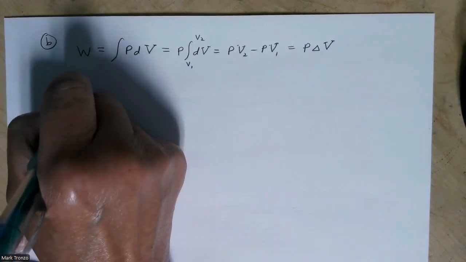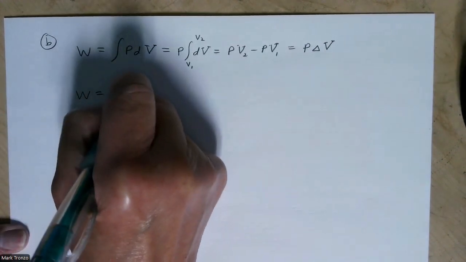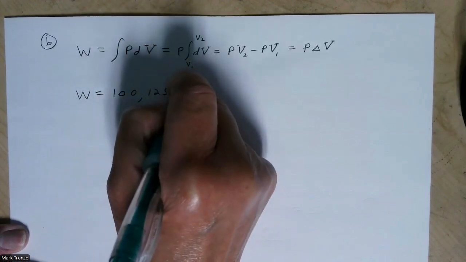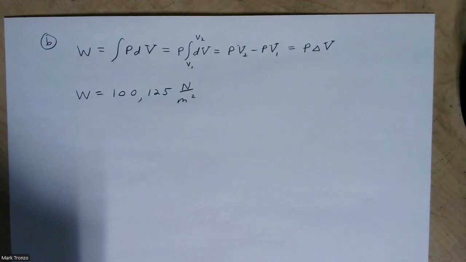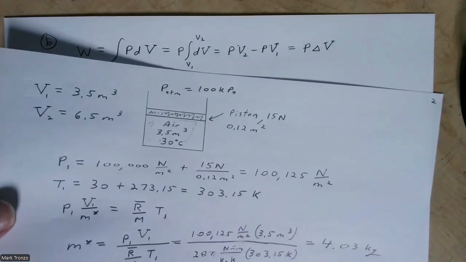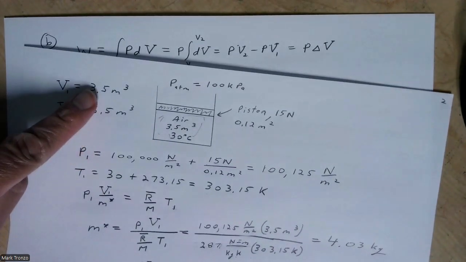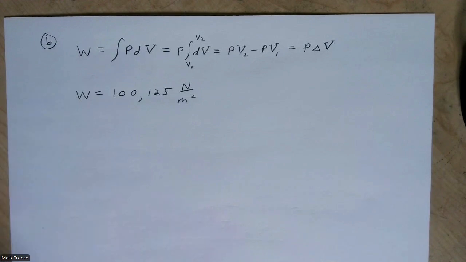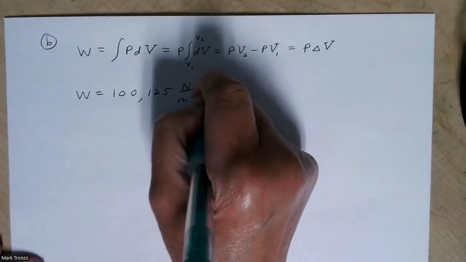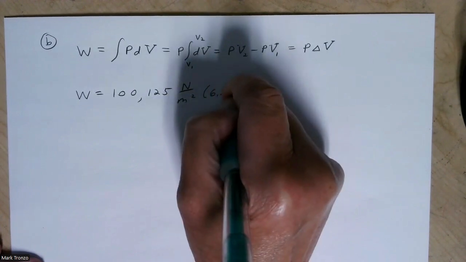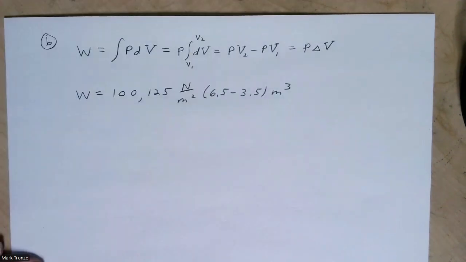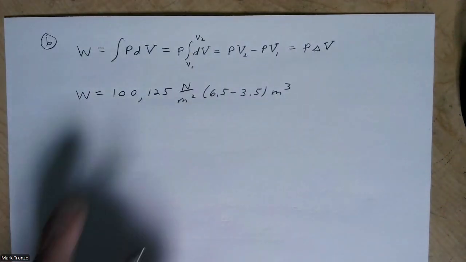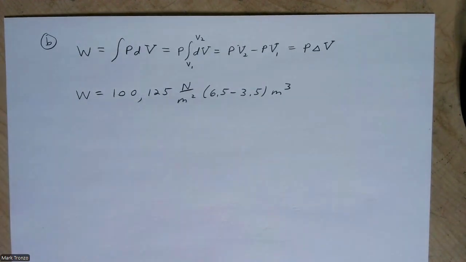Again, the constant pressure was 100,125 Newton per meter squared. And the difference in volume is going to be our 6.5 minus our 3.5 meters cubed. And of course, that's going to work out to be Newton meters, which we would expect for work.